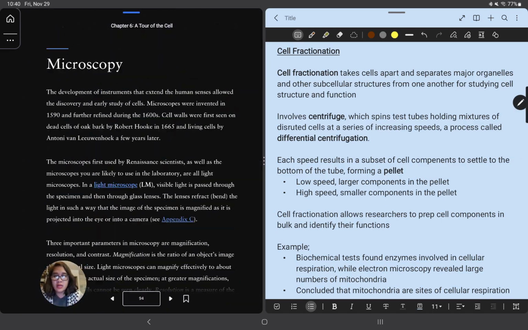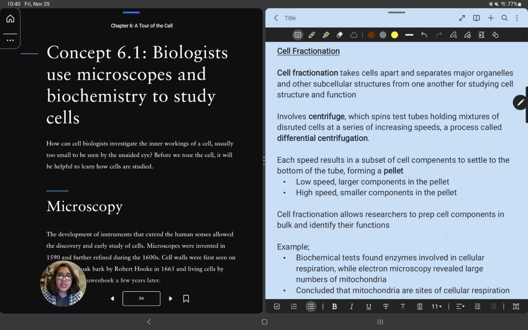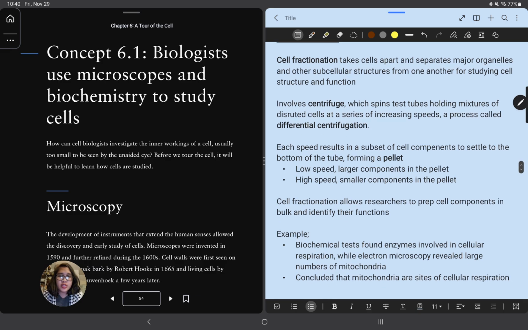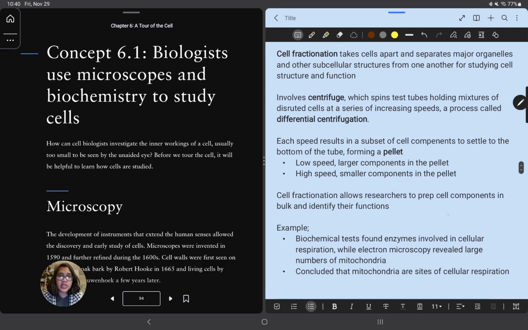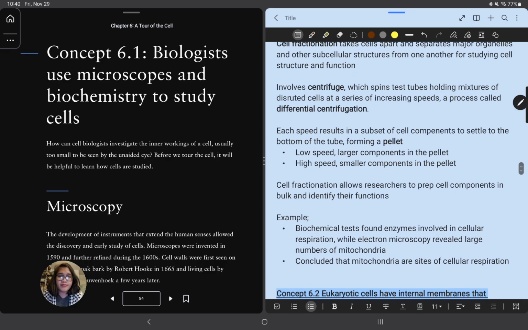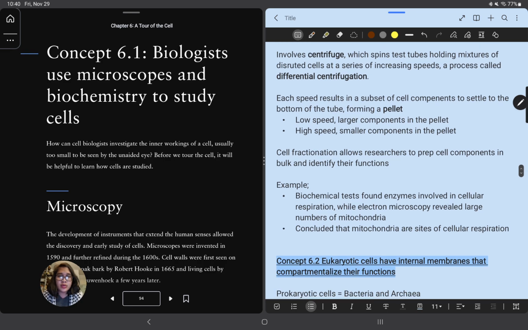Okay. And for my notes, cell fractionation. It takes cells apart and separates major organelles and other subcellular structures from one another for studying cell structure and function. It involves a centrifuge, which spins test tubes holding mixtures of disrupted cells at a series of increasing speeds, a process called differential centrifugation.